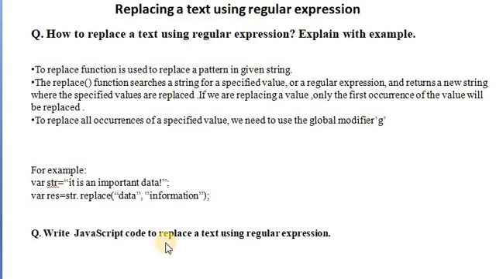The first string in the replace is the string to be replaced, and the second string is the string which replaces the old string. Here data is replaced with the information.